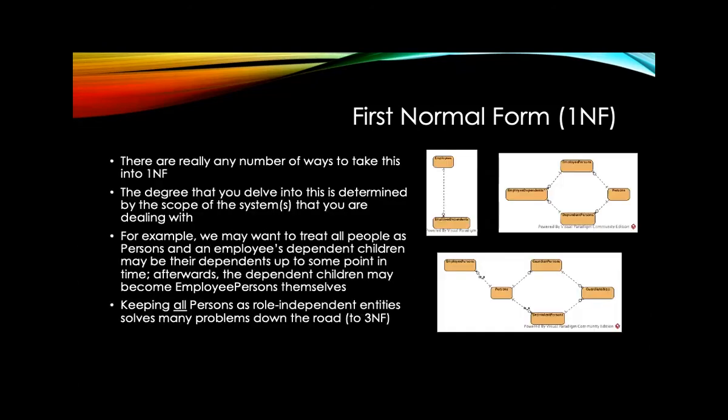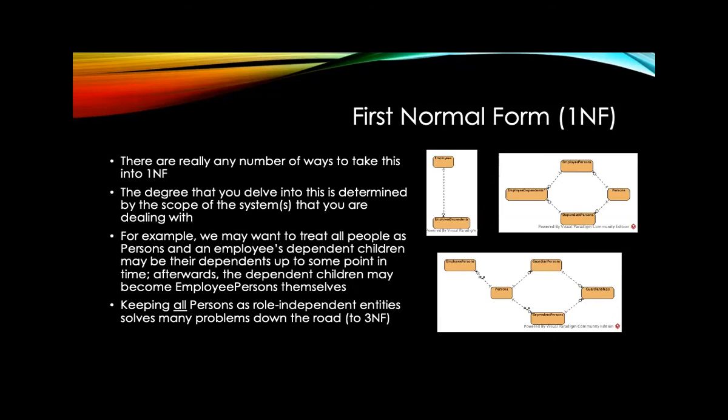So, other ways around this. I started off with just an employees table that had an employee dependence table, but I could also have the concept of everybody is a person, and a person is either an employed person at the company or they're a dependent person. And then an employee has dependents.